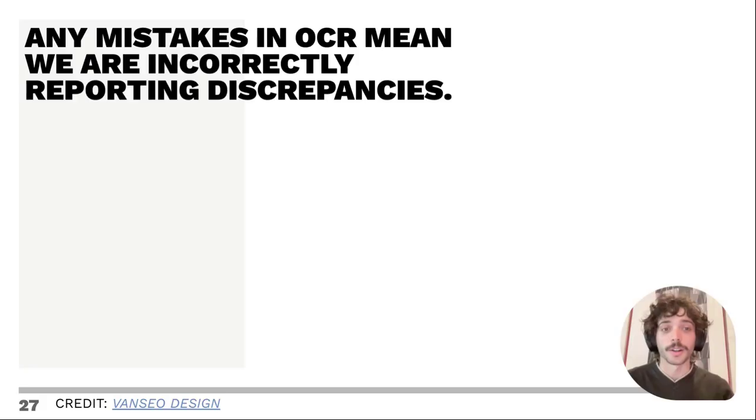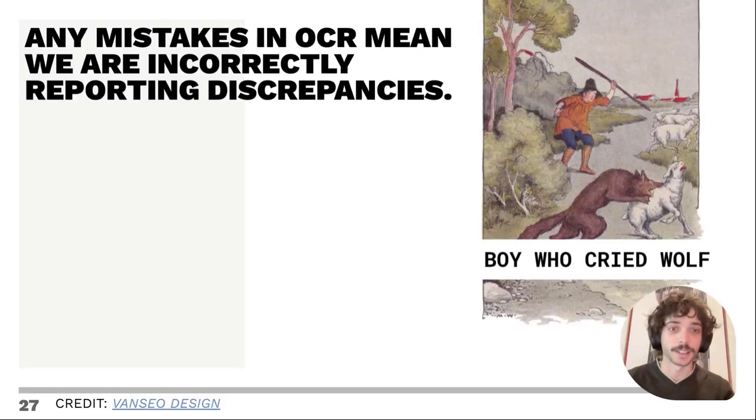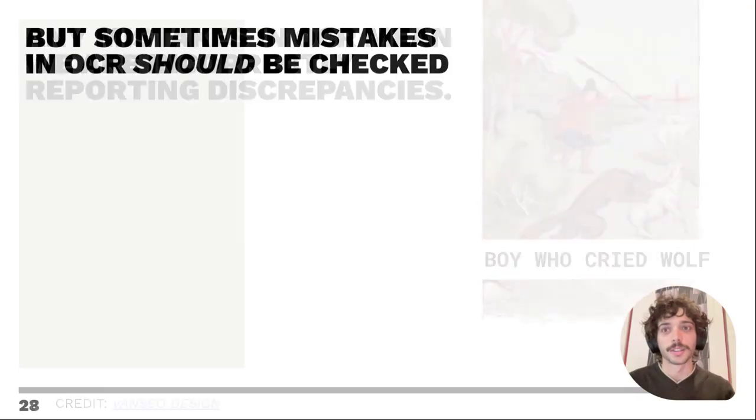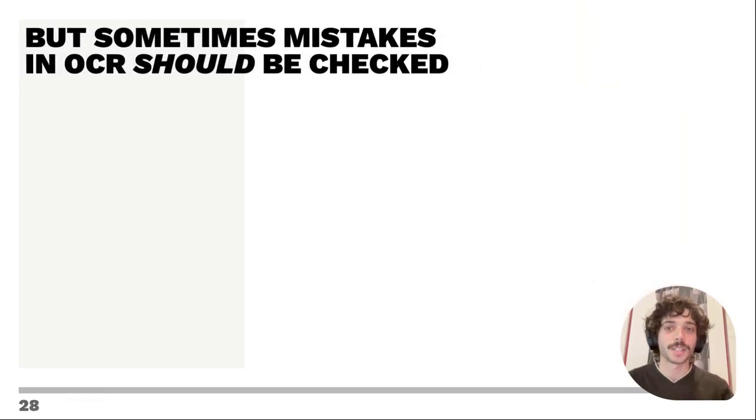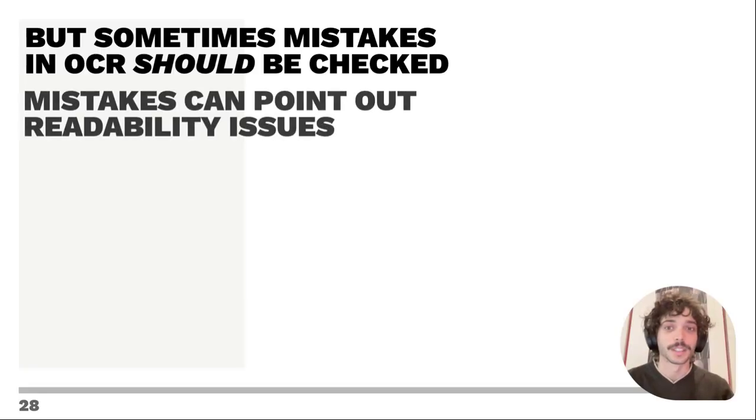And we want to make sure our OCR accuracy is very high, because any mistakes in OCR means that we're incorrectly reporting discrepancies. We don't want to be like the boy who cried wolf, and we want to make sure that when we tell a tester to check something, it's actually incorrect. But we argue that sometimes mistakes in OCR should be checked, and they can point out readability issues.